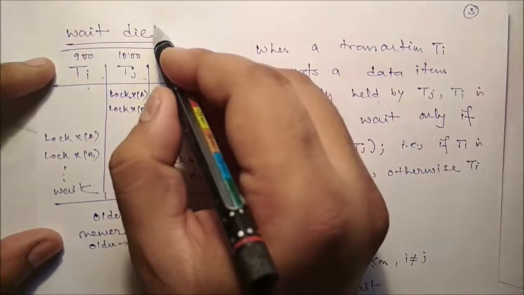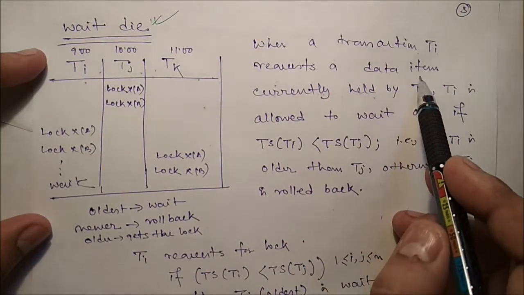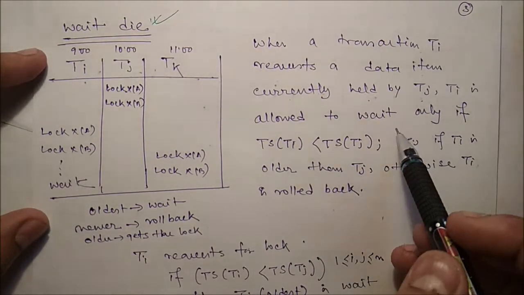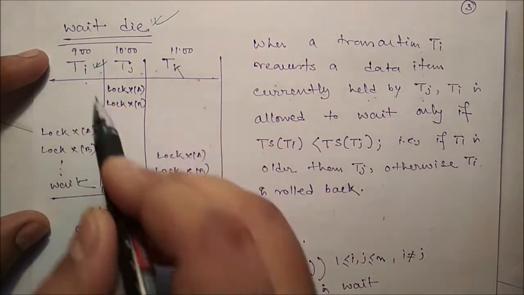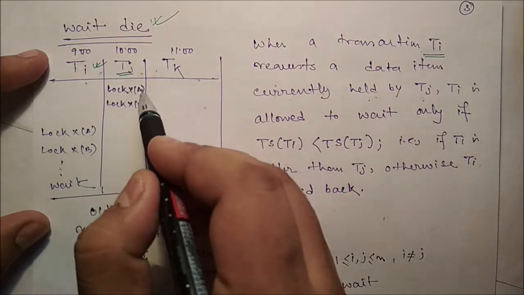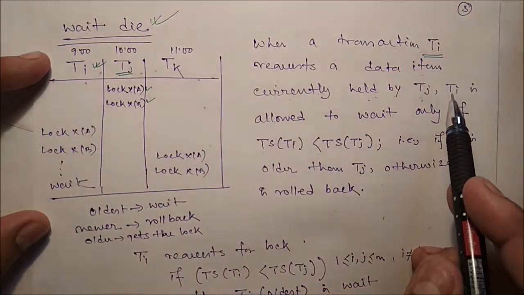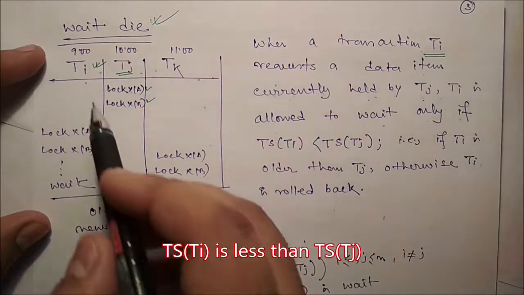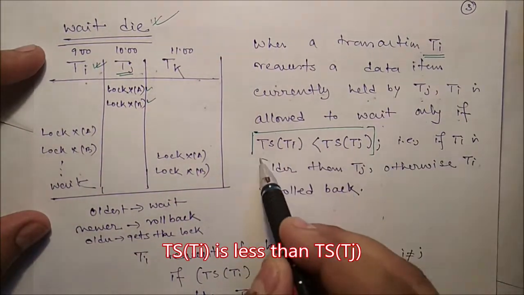So preemption and rollback have two types, wait-die and wound-wait. First, wait-die. When a transaction Ti requests a data item currently held by Tj, where Tj is holding the two variables A and B, Ti is allowed to wait only if TS(Ti) is less than TS(Tj).